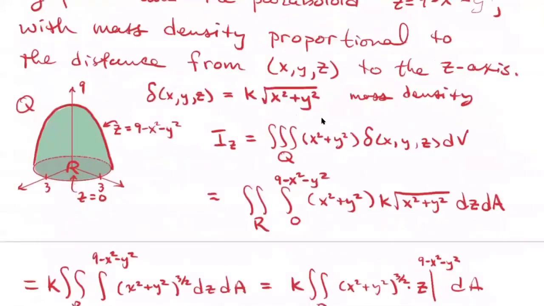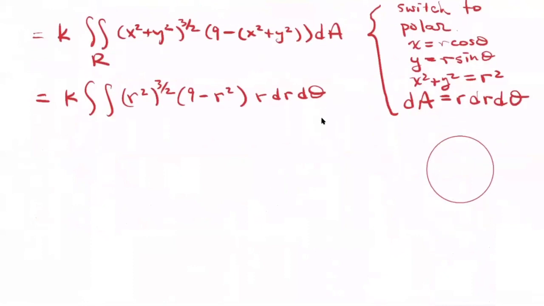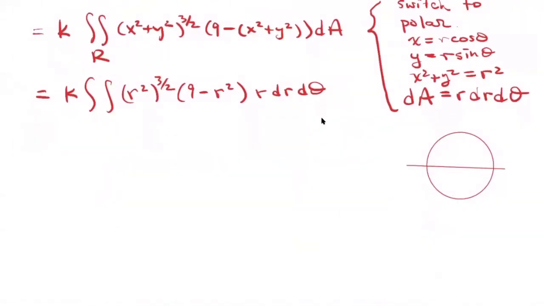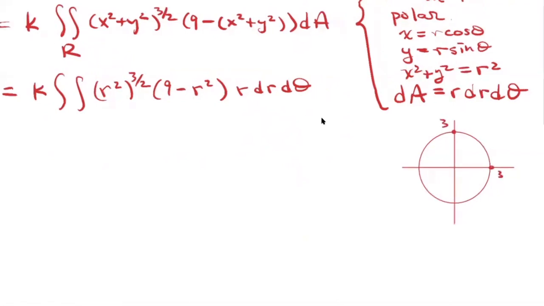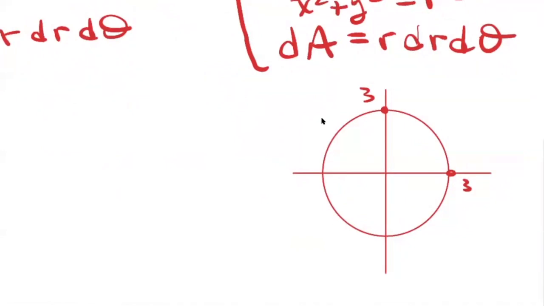Let me just clarify. Don't forget, when we go into polar, we take these slices from the origin out, these radial slices, taking little pieces of the slice.